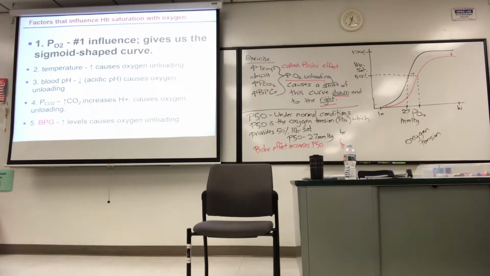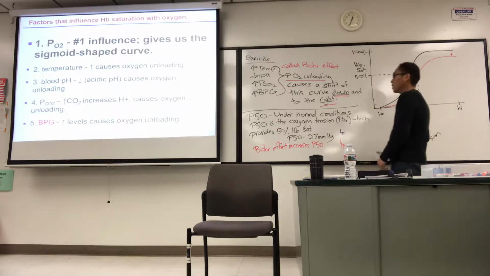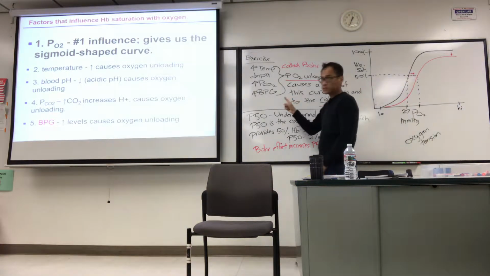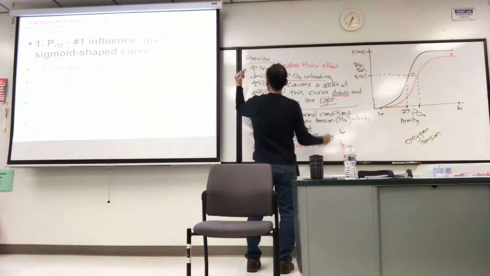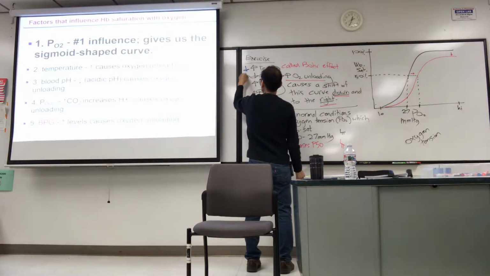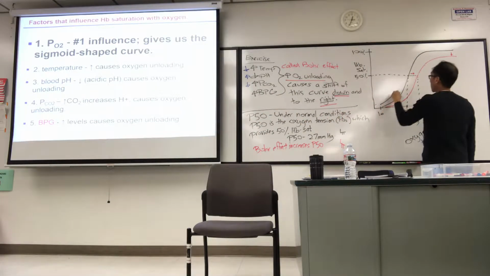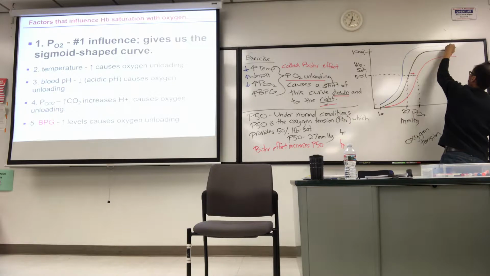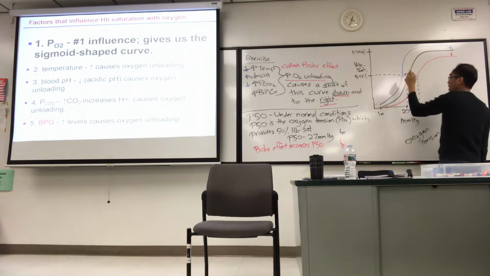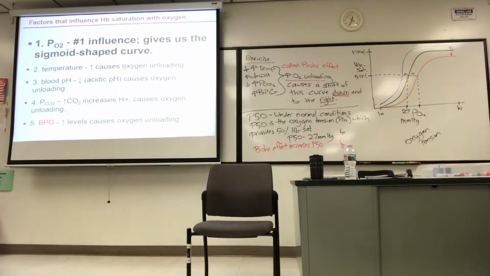Okay? So that's the thing about P50, and of course, if you can shift it one way, you could shift it the other way. If all of these factors were reversed, for example, let's just switch a few of them. Not BPG so much, but we kind of shift it this way. I mean, you can shift it up and to the left. I usually don't talk about that too much in this lecture, but that is a possibility.